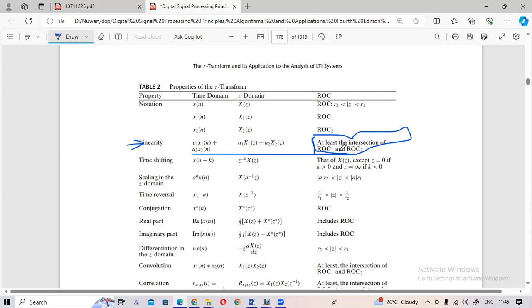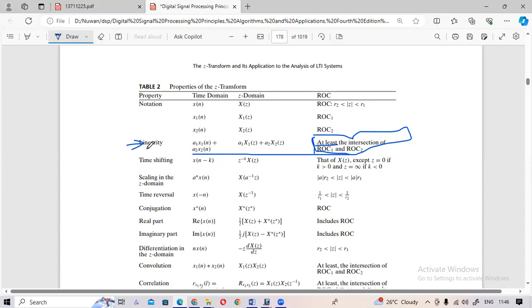So here the ROC may be changed, maybe not. At least, sometimes another value may also be applicable in the ROC. So it just approximates the ROC here in the properties. Sometimes in properties the ROC is defined exactly, but in most cases, it is not defined exactly.